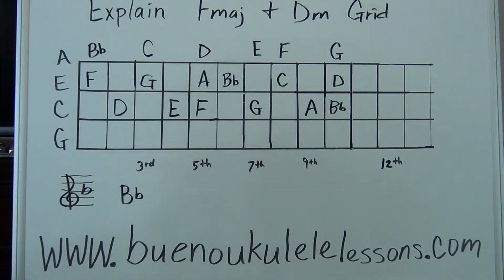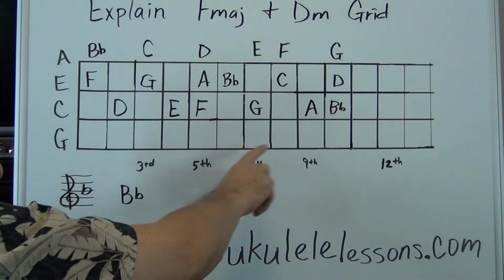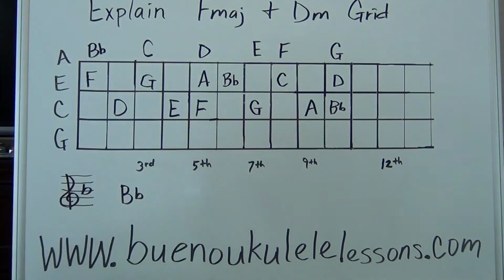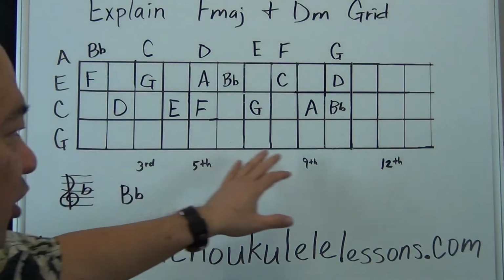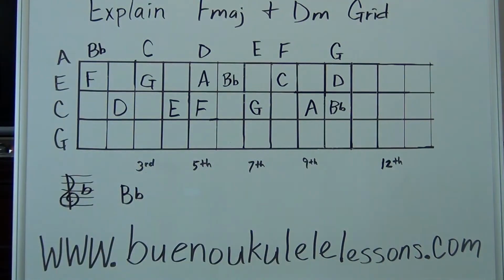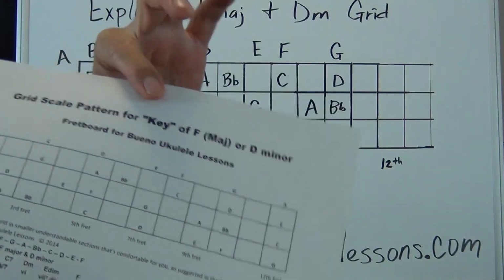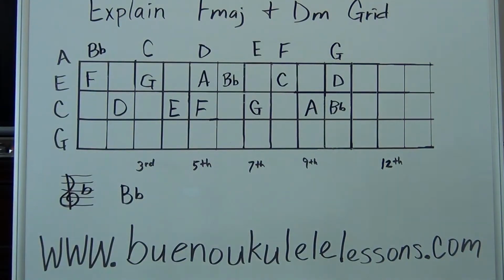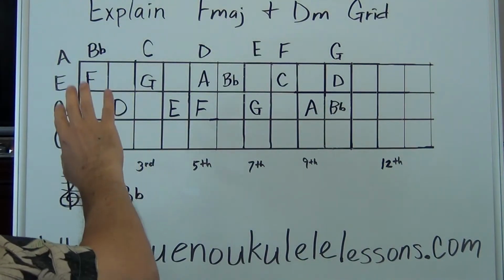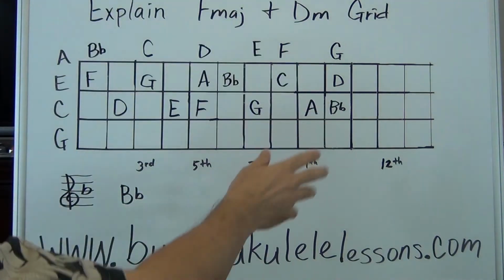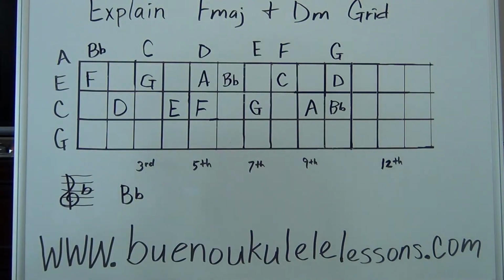But I'm just letting you know the end result, the end goal. What you're trying to do is envision and picture this entire grid. Keep in mind, we're missing some notes. I didn't write in all the notes, but you have all the notes on your paper, okay? So that you have this resource to play whatever it is you want to play.